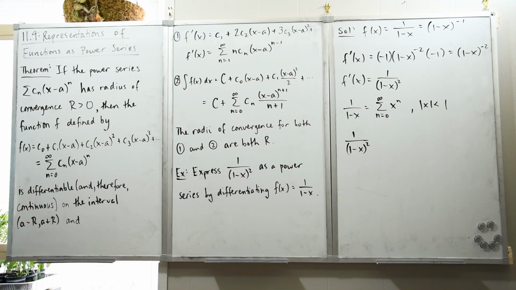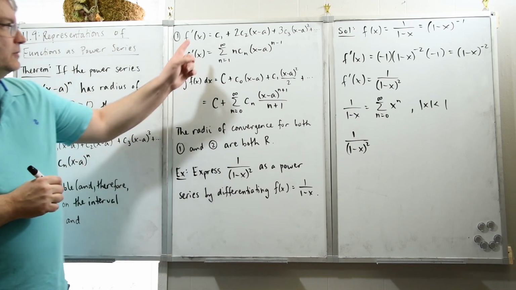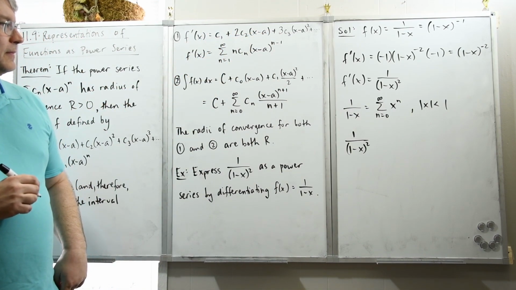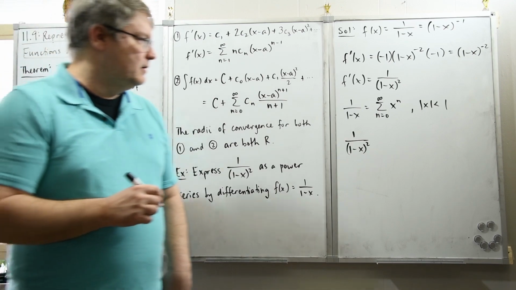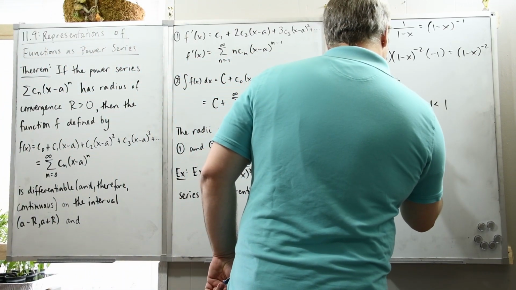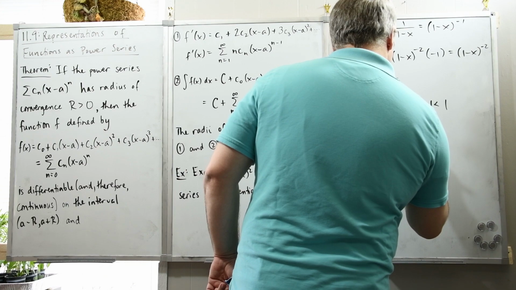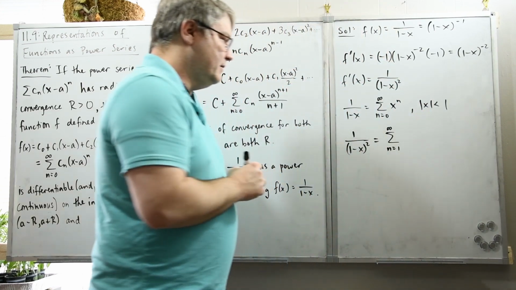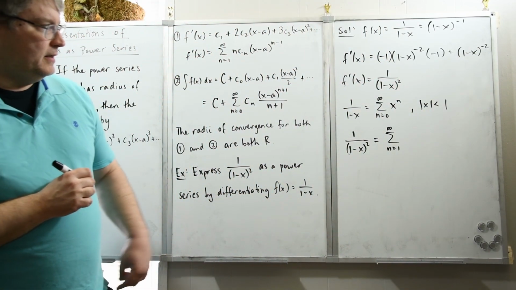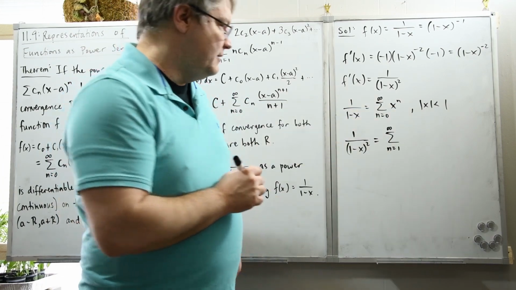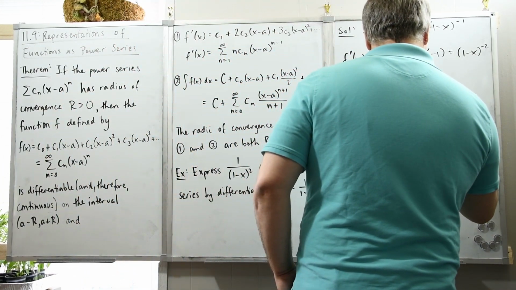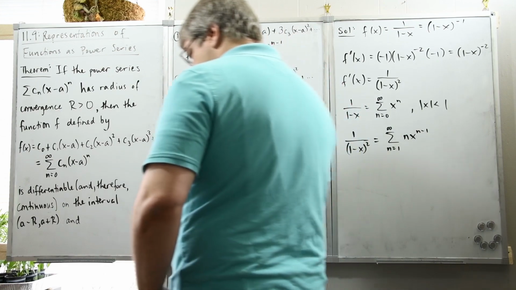Okay, so if you take a look at the derivative, then what you're going to get is basically this sort of situation right here, where if you take a look at the summation, n equals 1 to infinity, and then we'll take the derivative of x to the n, which is n times x to the n minus 1.